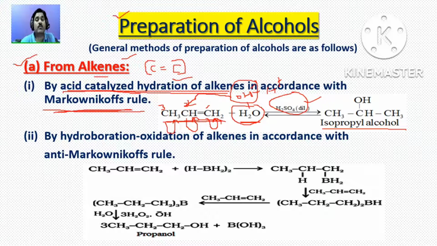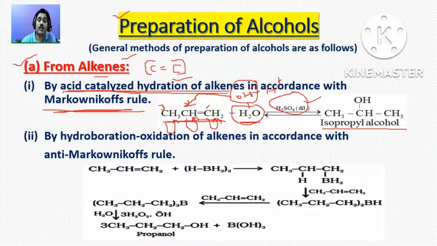That is Markovnikov's rule. It is the rule in which an atom or group of atoms is combined with that carbon atom which has the minimum number of hydrogen atoms attached, and it must be double bonded with the other carbon atom. That is Markovnikov's rule.